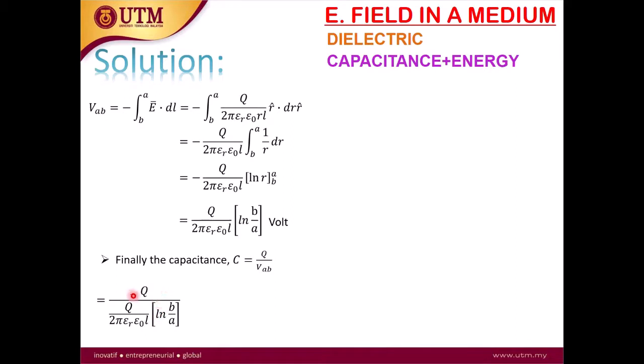We can cancel Q, so our capacitance is equal to 2 pi epsilon r epsilon naught L divided by ln b over a, and the unit is farad.